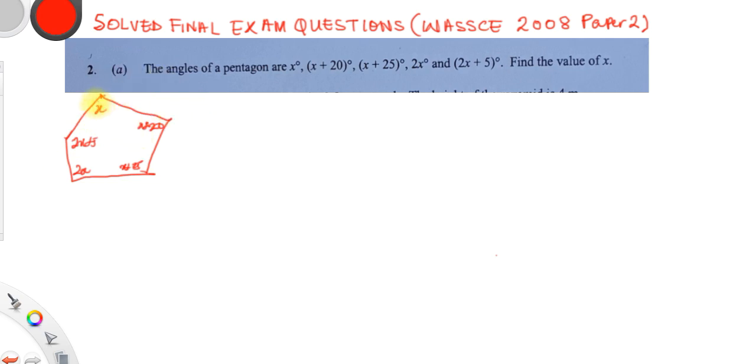So how do you find the value of x? We are given the interior angles of this regular pentagon.